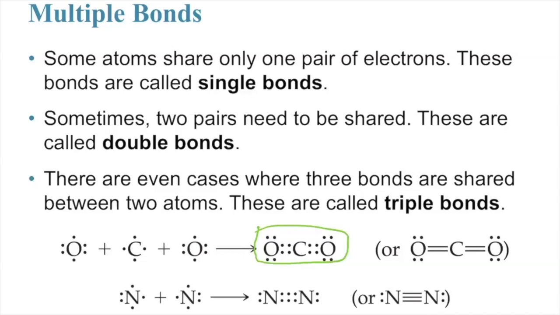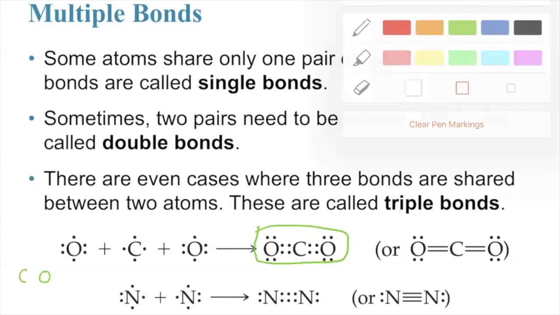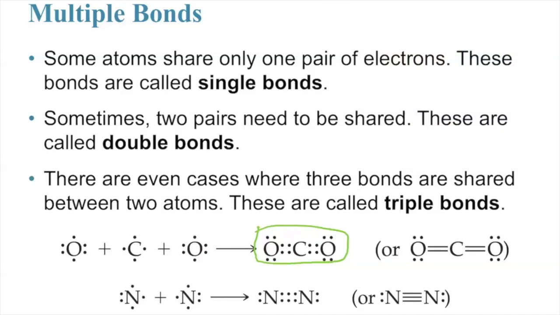So in order for carbon and oxygen to have the octet, we convert this into a double bond. Maybe I can draw it better. Okay, so I give you CO2, carbon and oxygen. Carbon is going to have 4 electrons, and oxygen has 6 electrons.